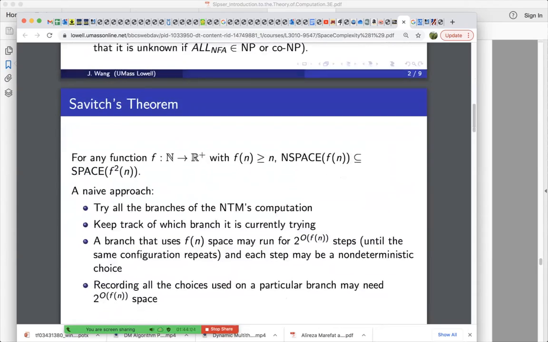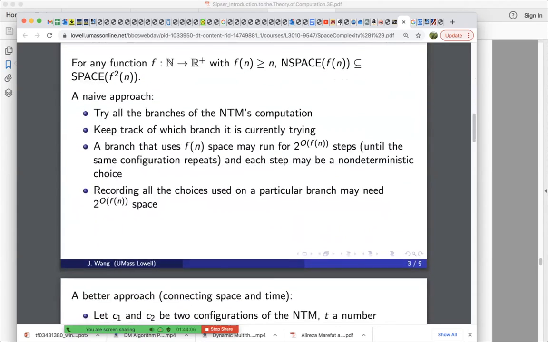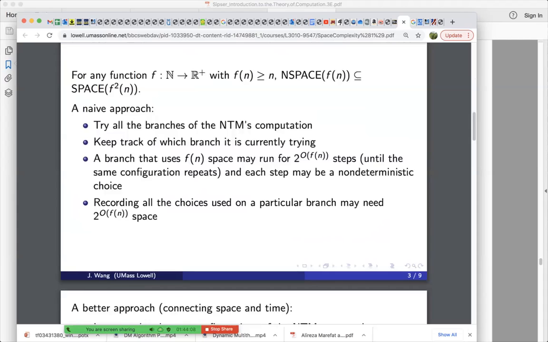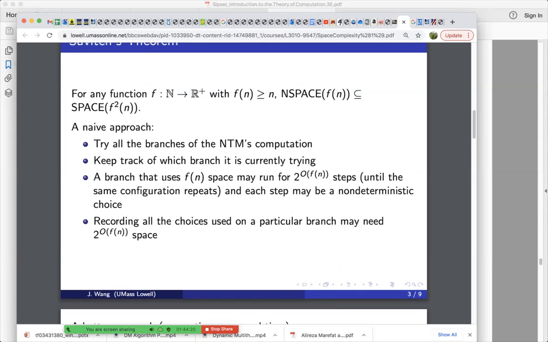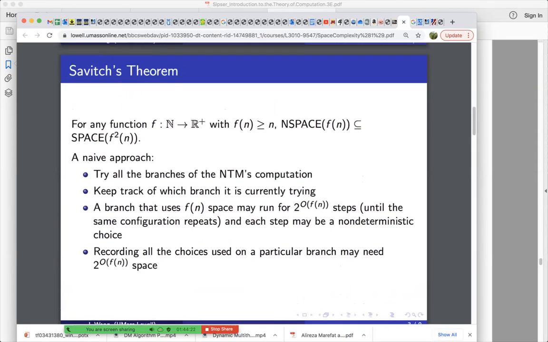All right. The next thing we would like to look at is the relationship between non-deterministic space and deterministic space. In this particular case, as you can see here, NSPACE f of n is a subset of deterministic SPACE f of n squared.